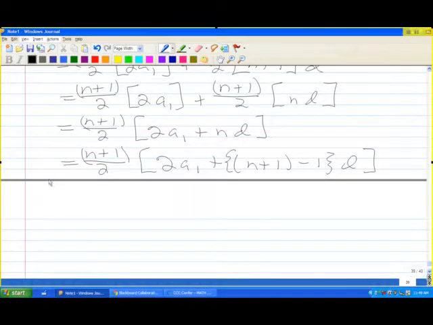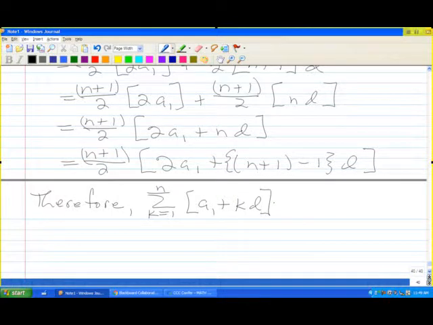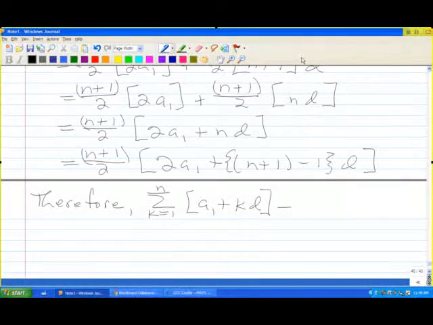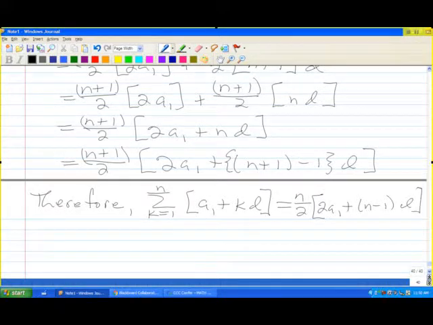Therefore, the sum k equaling 1 to n of a1 plus kd equaling n over 2, 2a1 plus n minus 1 d.